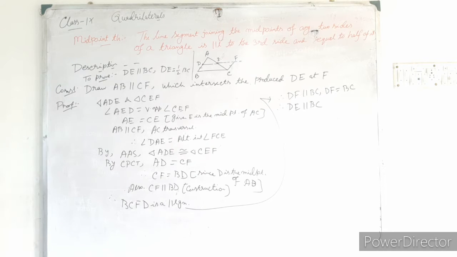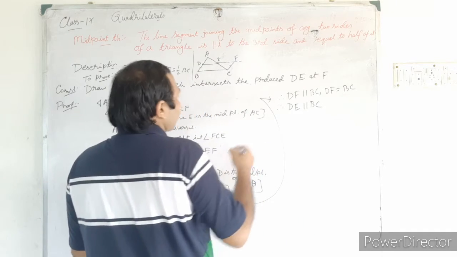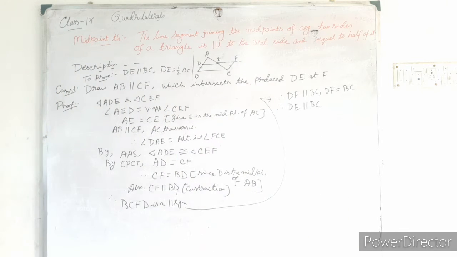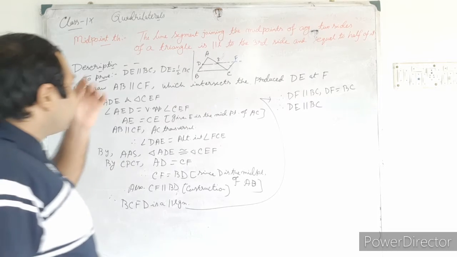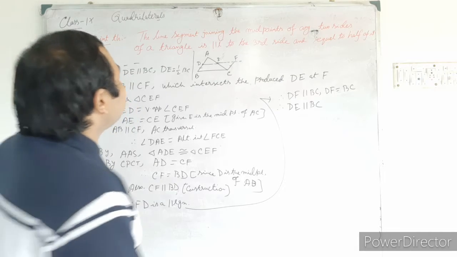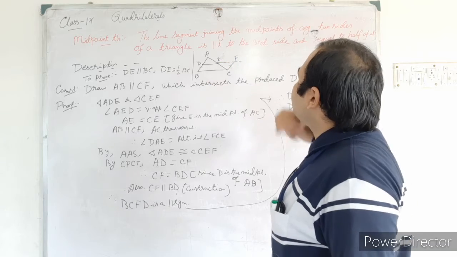So here we need to prove DE is half of BC. For proving this, one thing we need is to say DE is equal to EF.